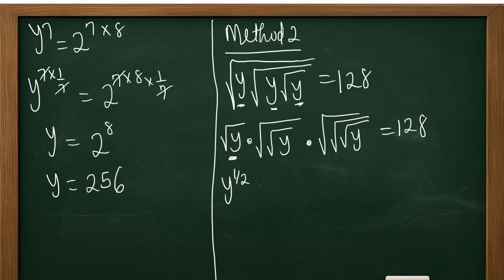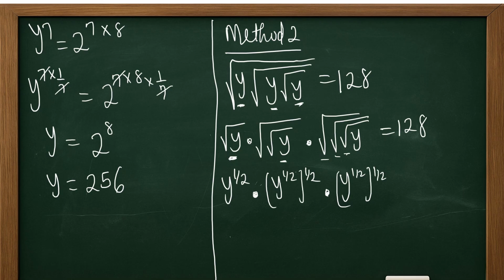So the square root of y can be written as y to the power of half, for the first square root, and for the bigger square root we still have half. And for the third one, I'm going to have y to the power of half for the first root, for the second root I'm going to have half, and for the last root another half, which equals 128.